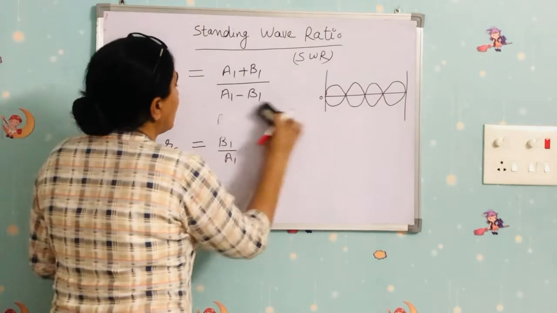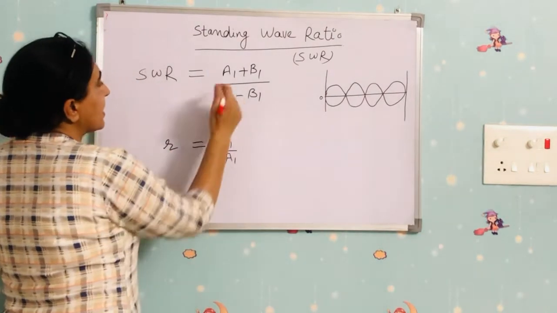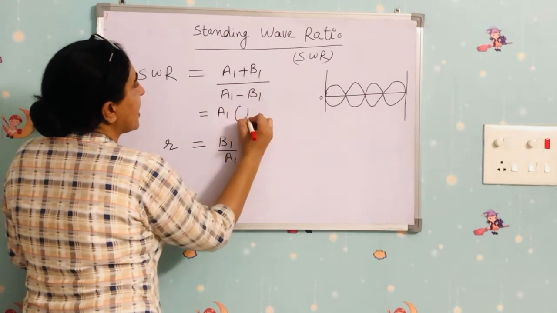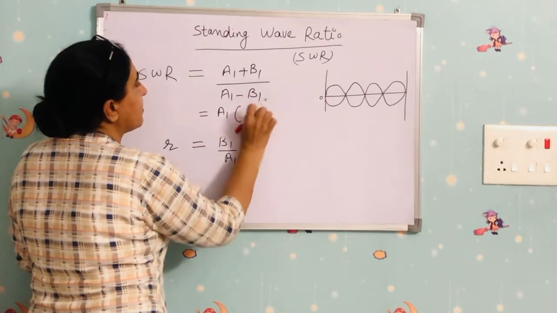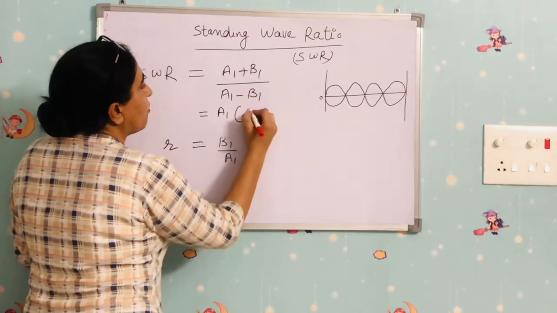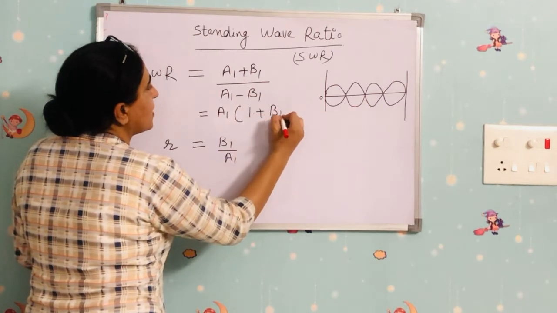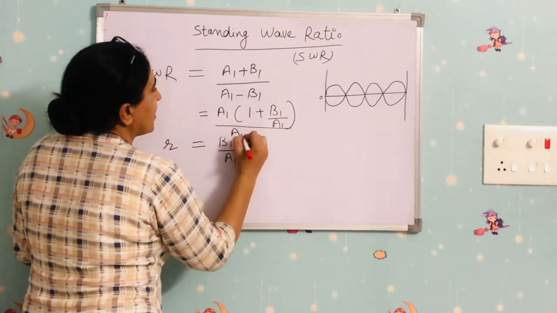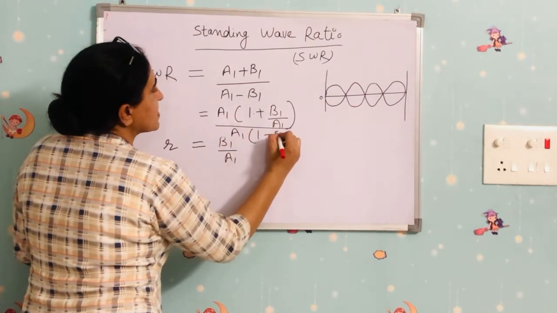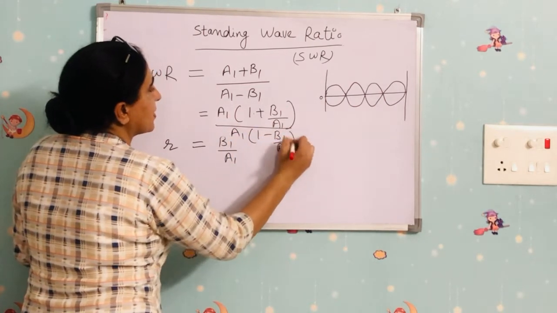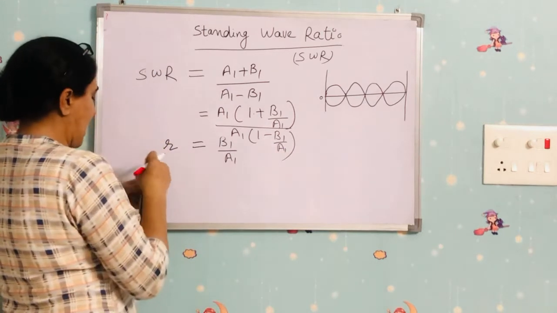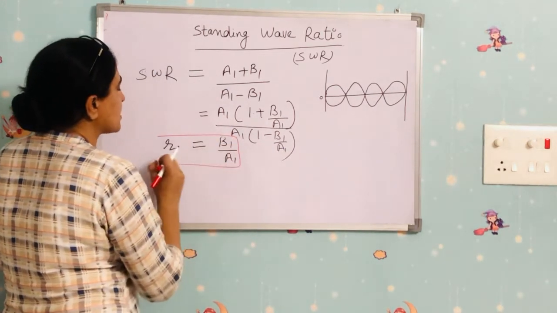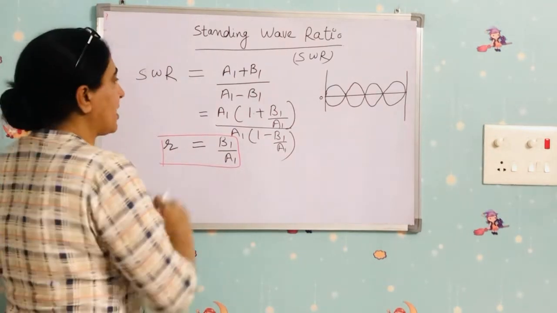Okay? Now in this I will take A1 common. So this is A1 times (1 plus B1 over A1) over A1 times (1 minus B1 over A1). But R is equal to B1 over A1, so put R here.